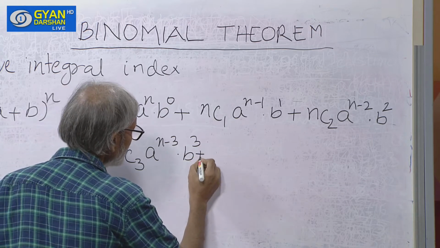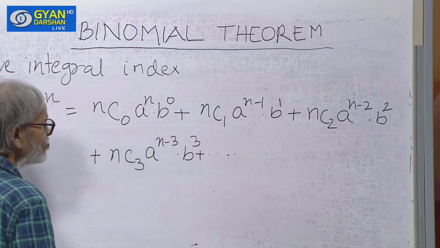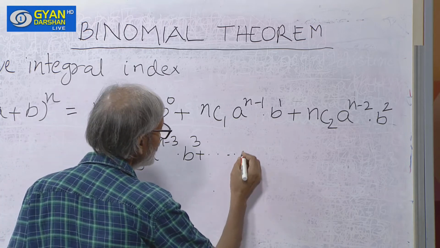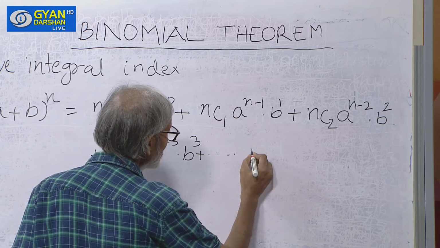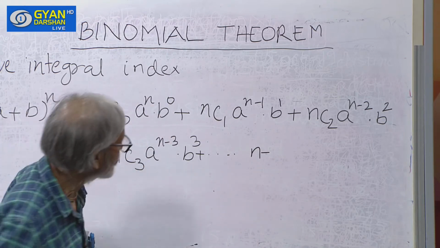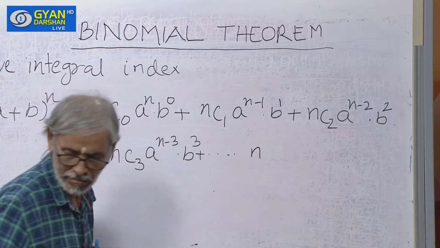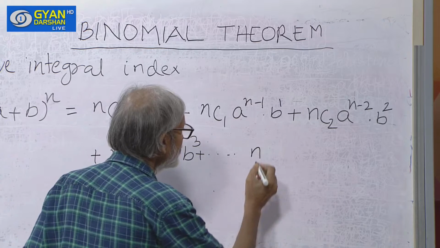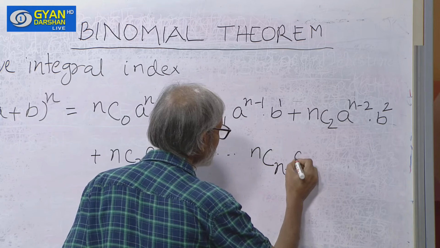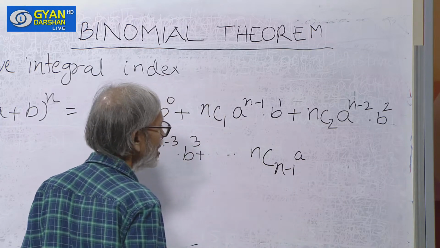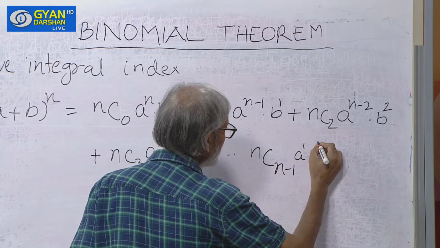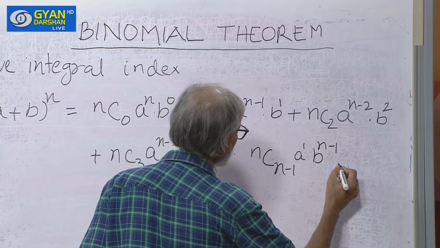So you see there is a pattern, and this pattern is not difficult to remember. At the end, the last two terms I am writing: nC(n minus 1) a to the power 1 and b to the power n minus 1.